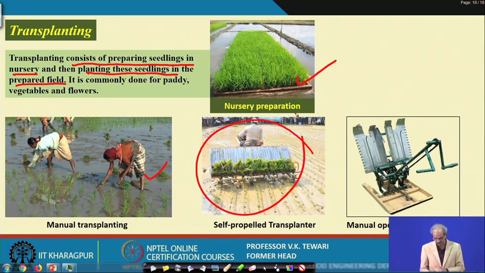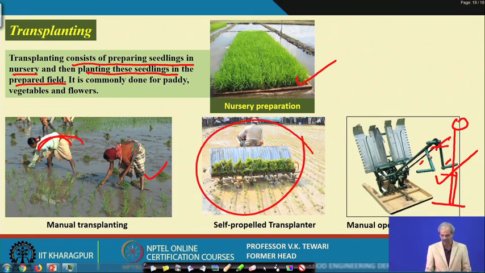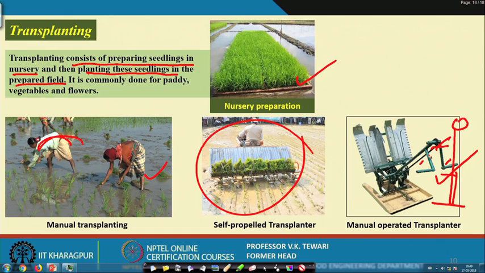We have also shown you a manually operated device here, about 2 row or so. This device has been developed because we think that if the person operates in a standing posture instead of this bent posture, you will find that it is easier for him. So, from the safety point of view, it is easier if he operates this.